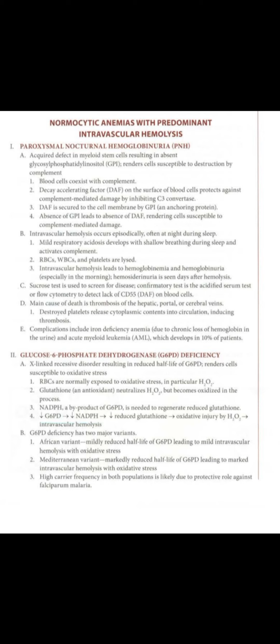Mediterranean variant: markedly reduced half-life of G6PD leading to marked intravascular hemolysis with oxidative stress. High carrier frequency in both populations is likely due to protective role against falciparum malaria.